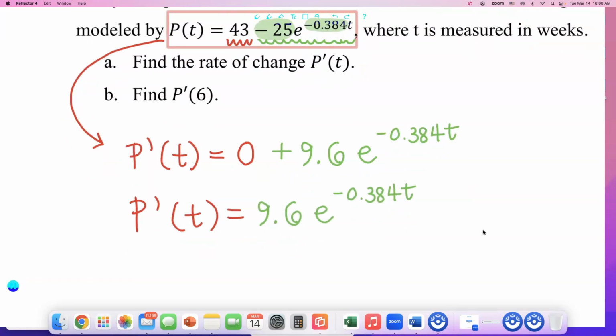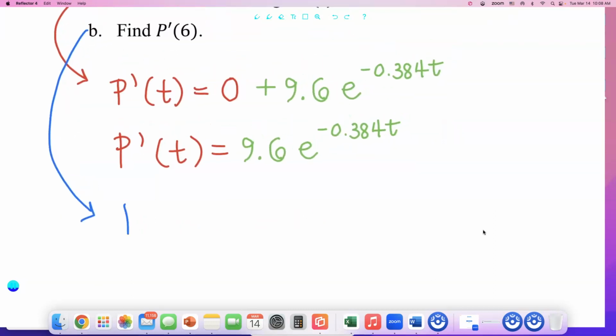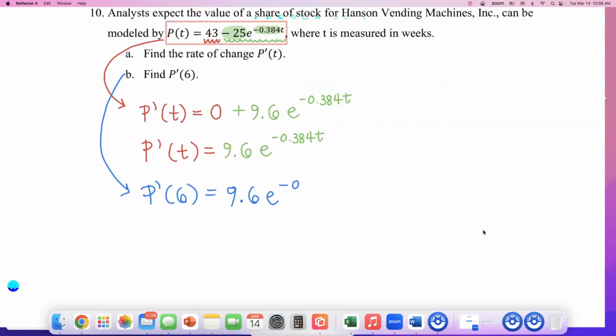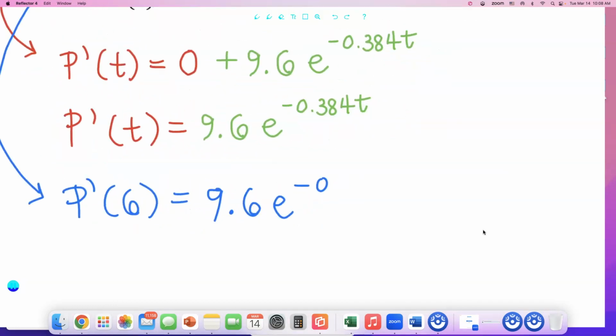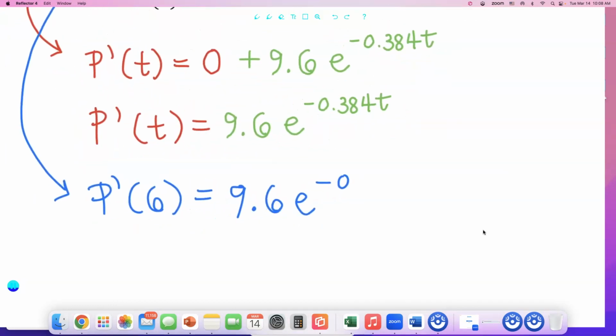So when they ask you to use this to find P prime of 6, all I have to do is plug in 6. They're asking, after week 6, how fast is the value of this share of stock changing? Is it growing or is it going down? Let's see. 0.384 times 6.